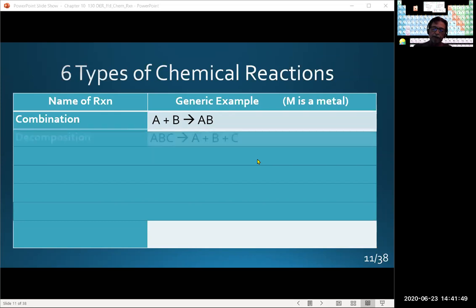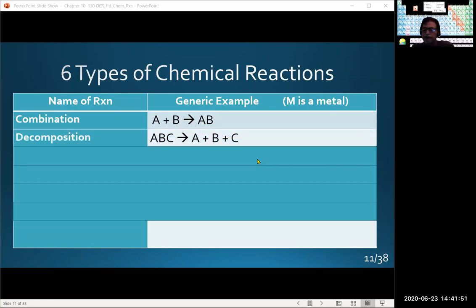Second type is a decomposition. It's really the opposite of the combination, where you're taking some compound, in this case a generic example ABC, and you do something to it and you break it into its components.